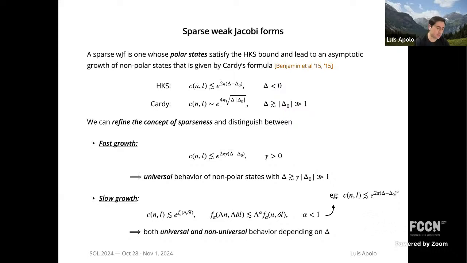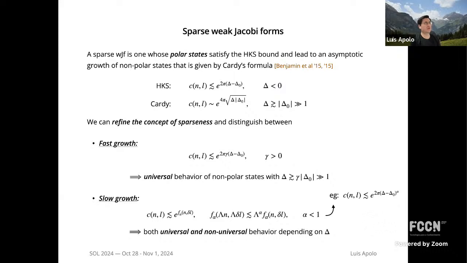But it turns out that in our case, this version of sparseness is not sufficient. So we have to refine the concept of sparseness, and we're going to distinguish between two types of growth of the light states. So there will be fast growth. Fast growth is similar to the HKS condition, but it can be generalized slightly by introducing this parameter gamma, some number greater than 0.